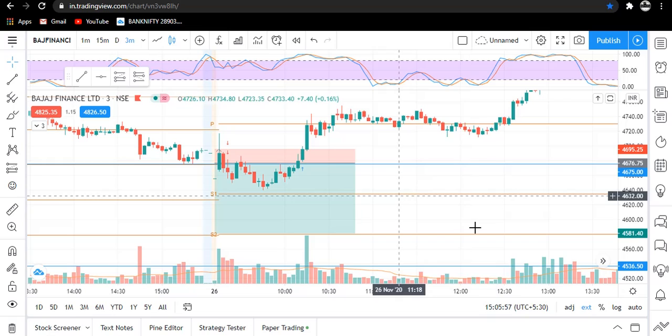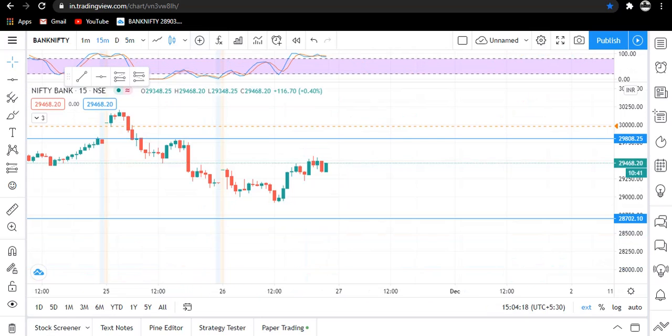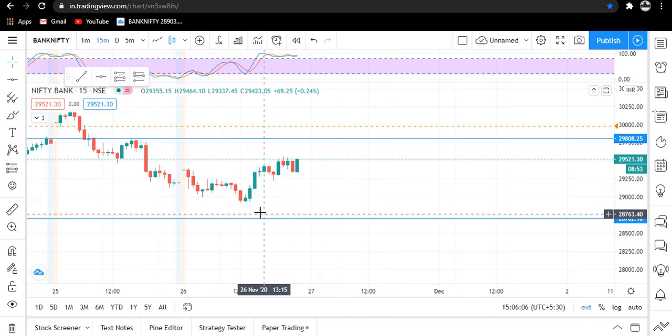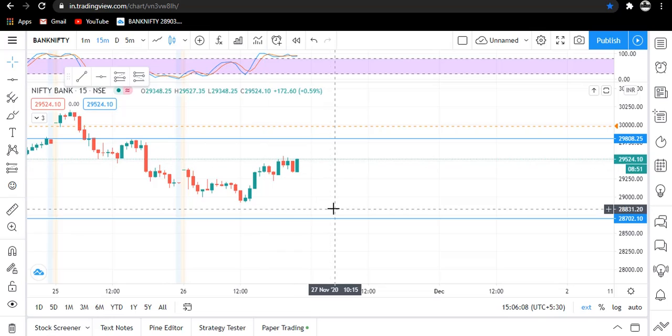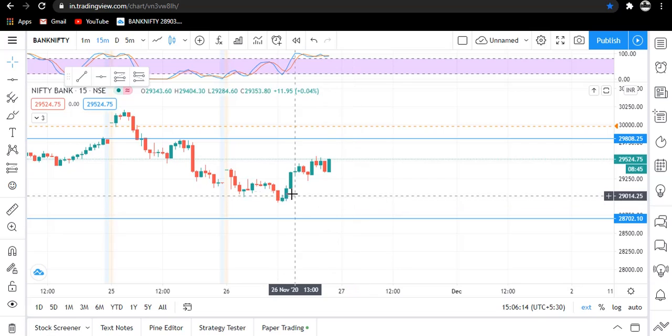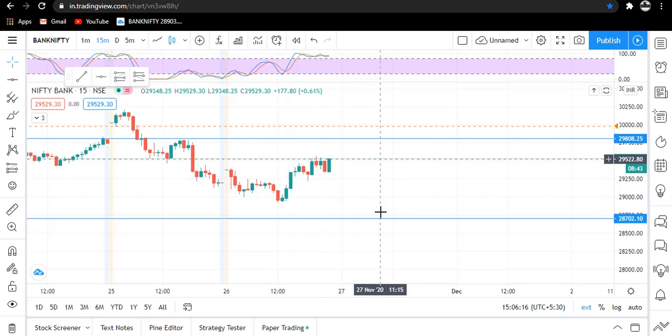Now coming on to our trade in Bank Nifty. Here you can see traders, the support and resistance which we made today performed very well. You can see the price stayed only between our desired range.